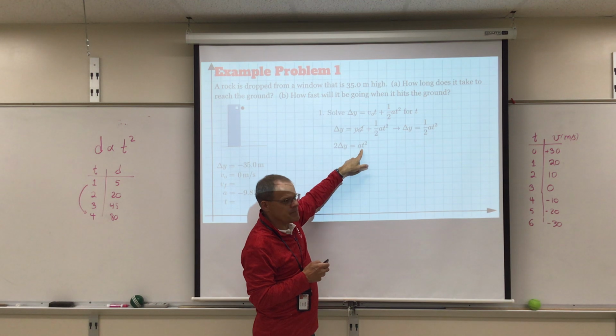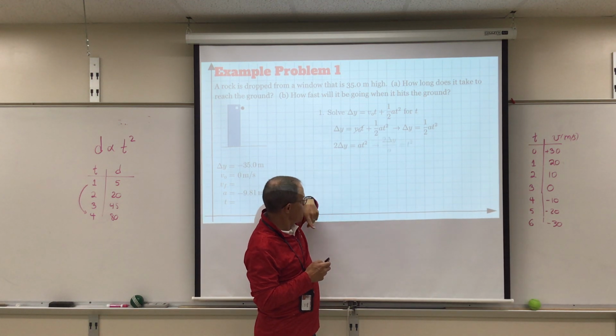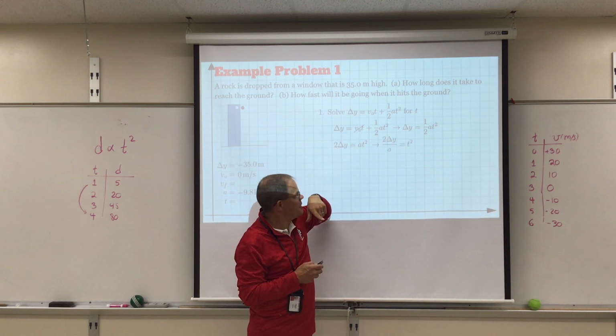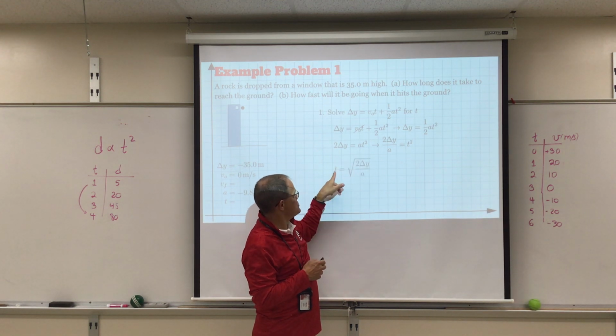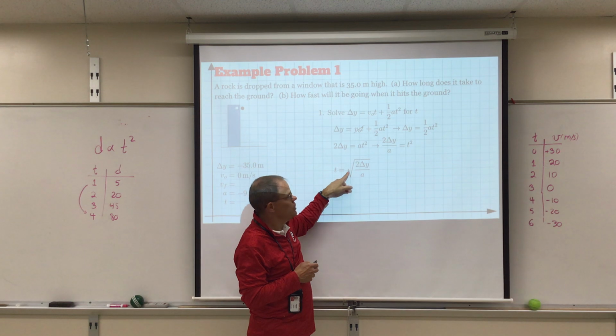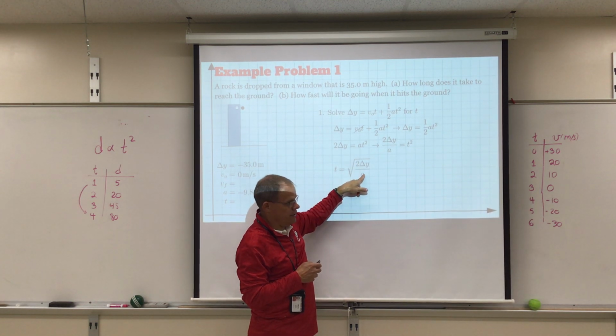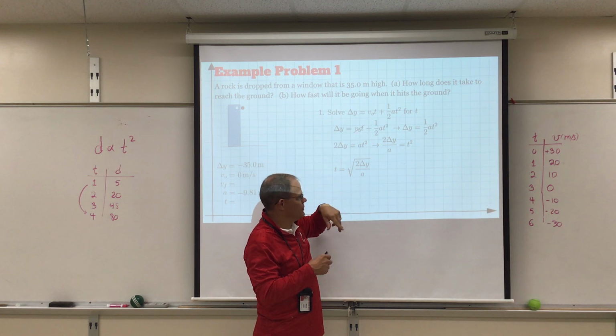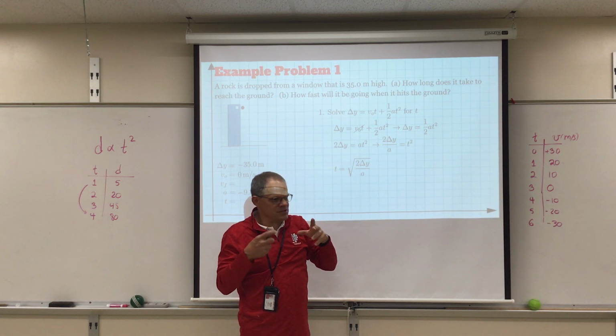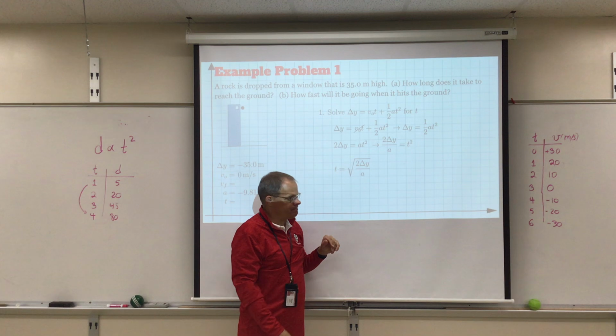Then divide both sides by a. And then, how do you get t by itself? Take the square root. So t will be the square root of 2 times delta y over a. And that's a lot easier than delta y divided by a half divided by a. Then you're not sure what's divided by what, it's a compound fraction.